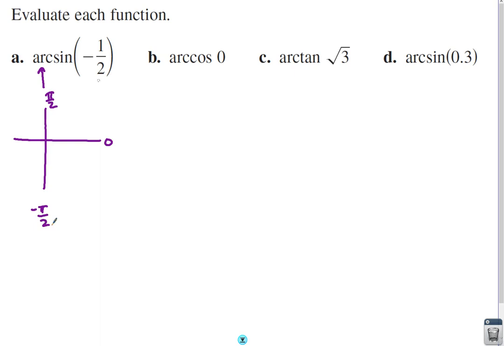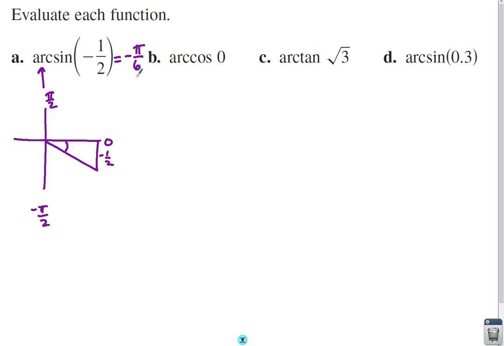So if my sine value is negative, that means I'm somewhere in this quadrant. Well, right here, this would have a negative 1/2 value. So what angle is this right here? Negative pi over 6 would be the arc sine of negative 1/2, okay?